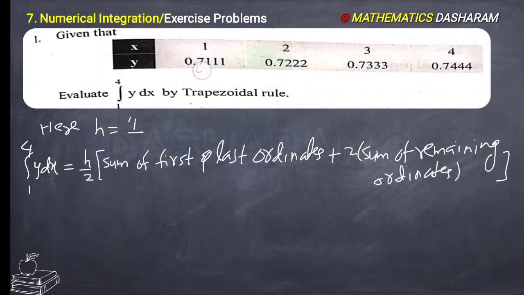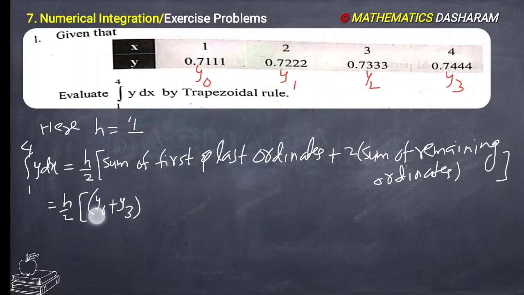Otherwise we can denote each y value as y0, y1, y2, y3. So h by 2 times (y0 plus y3 plus 2 into (y1 plus y2)). We can write the formula like this also.